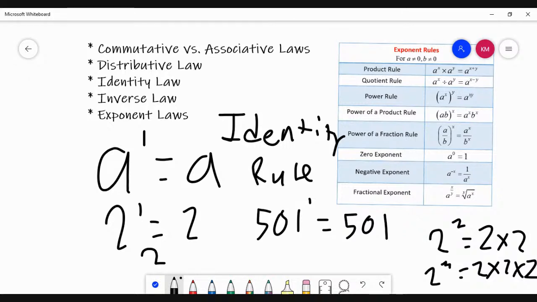So always remember the identity rule of exponent is if you raise it to the first power, it is itself, whether it's a to the first equivalent a or 500 to the first, which equals 500 or 501.